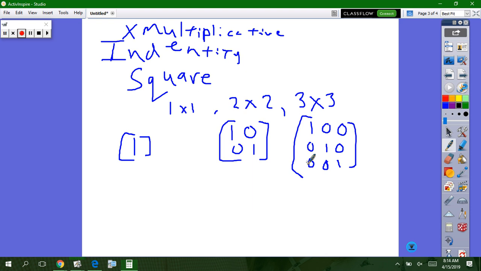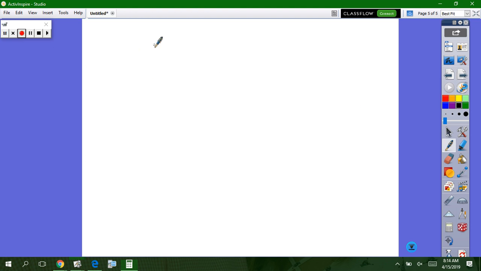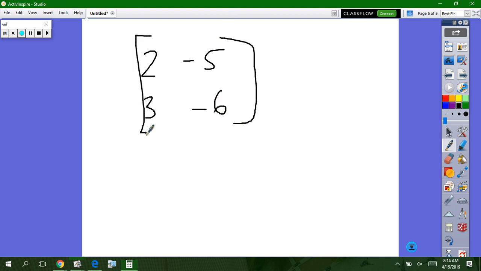Now, as I told you, there is another quick way to find the inverse of a 2x2. So what was that matrix again? It was 2, negative 5, 3, negative 6. Now, this is the only time you can do it, with a 2x2.